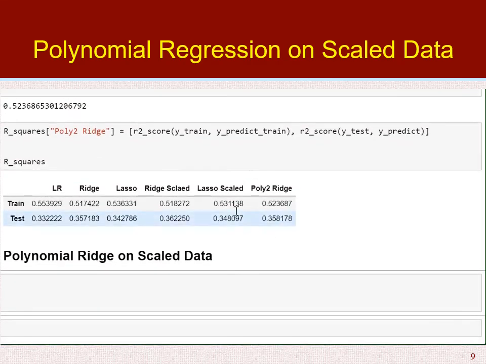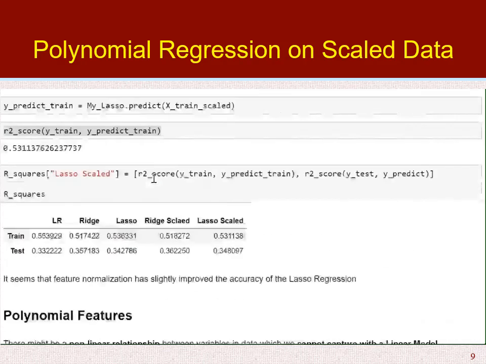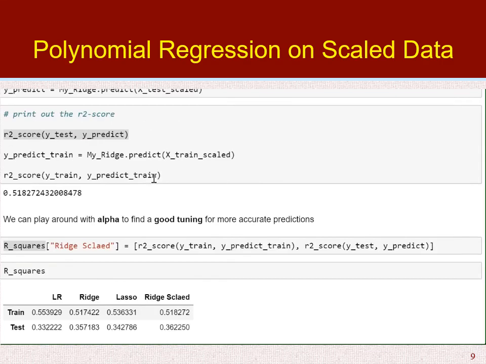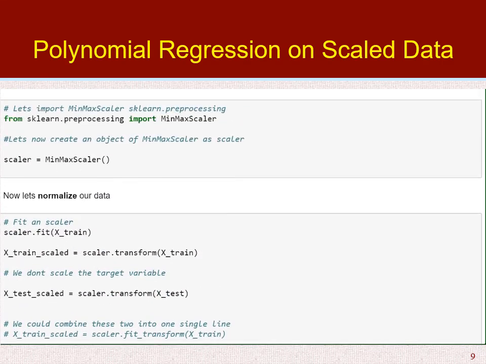All right, so we applied a ridge regression model on the polynomial features added to our data, degree 2. Now I want to scale the polynomial features, and after that apply the ridge regression. If you remember, we applied a MinMax scaler here, using the scale function.